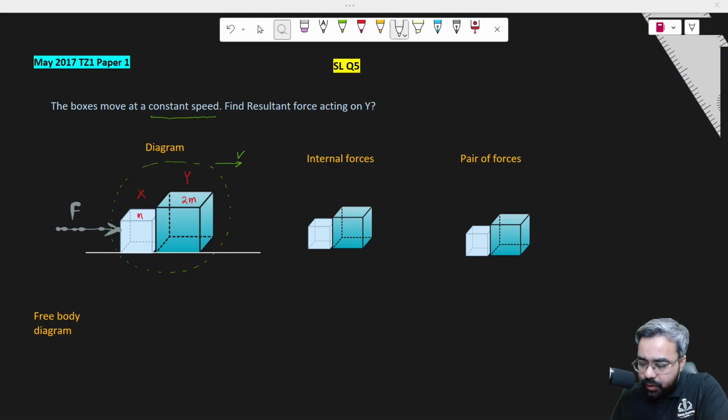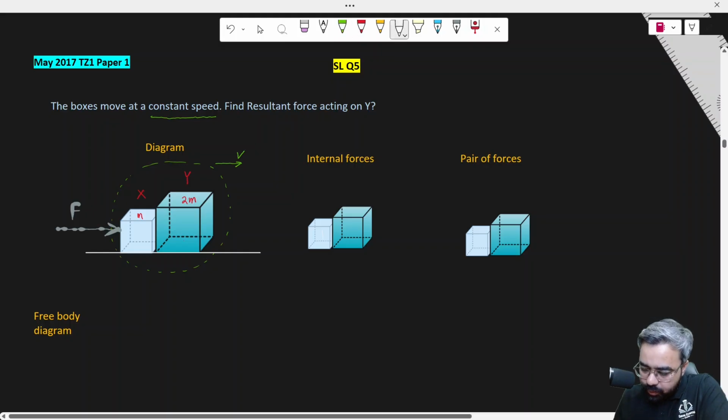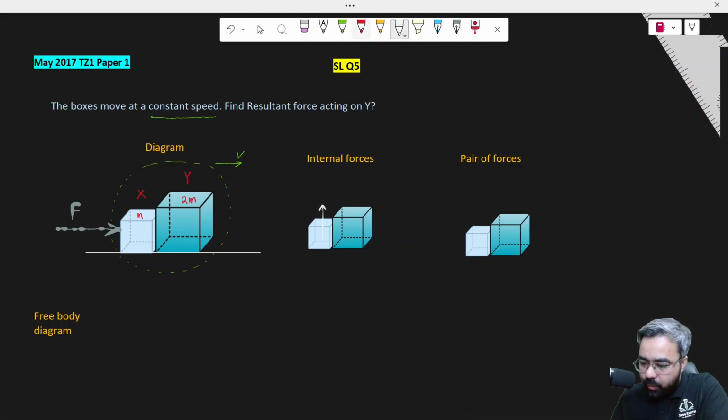Dear students, you know that this is a force applied by the ground or the floor on this mass m, which equals the force of gravity, the weight of this box. So this is normal force 1, which equals mg.